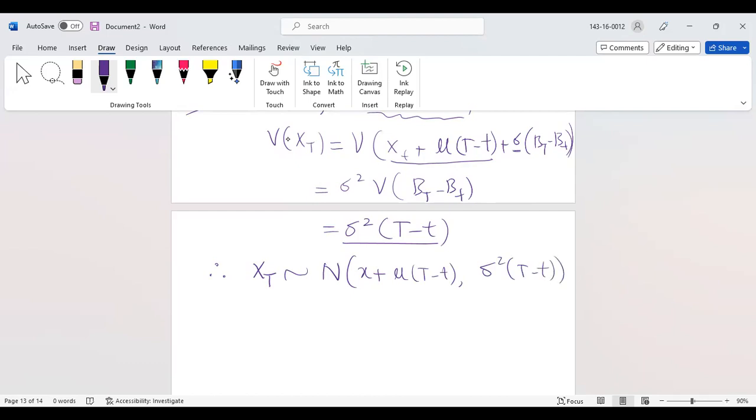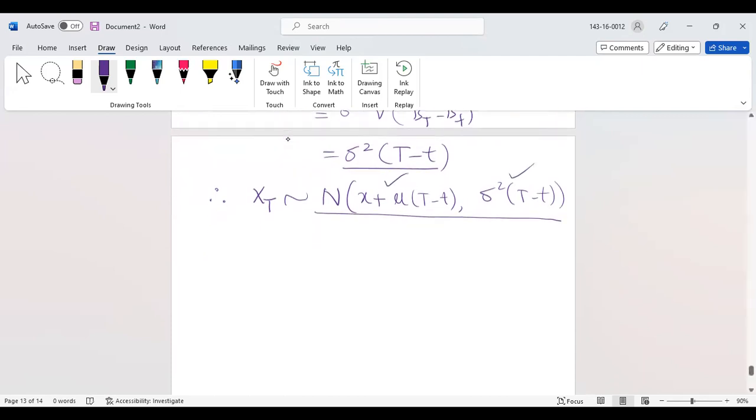So this is the information about x of t, that x of t is a normally distributed random variable with this mean and this variance. So this is the mean and this is the variance.